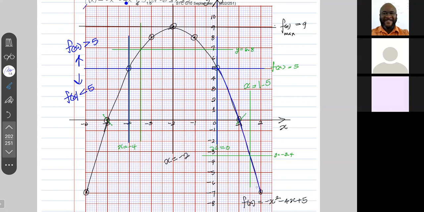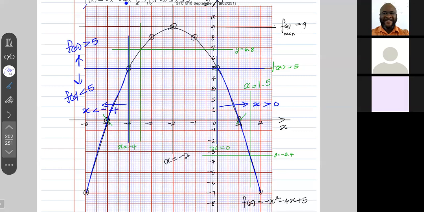So this is the region of the graph where f of x is less than 5. Do you agree? You don't have to answer. This is the section on the graph where f of x is less than 5. And for this section of the graph, x is greater than 0 and x is less than minus 4.